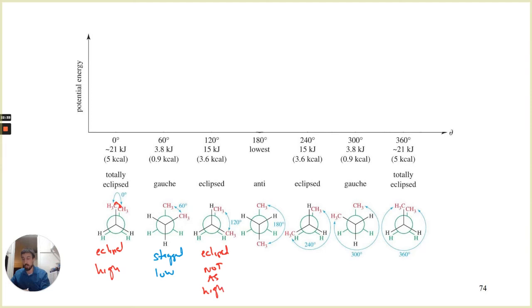Okay, because we're having the hydrogens overlap with the methyls, not the methyls overlap with the methyls. Then we have the kind of staggered again, where those are super far away from each other. So this is very low. And then we repeat, we repeat, we repeat.